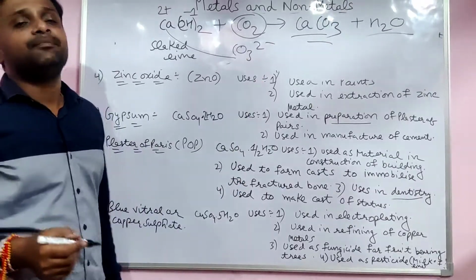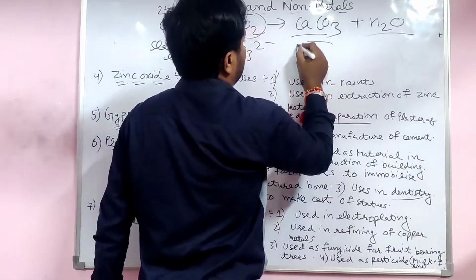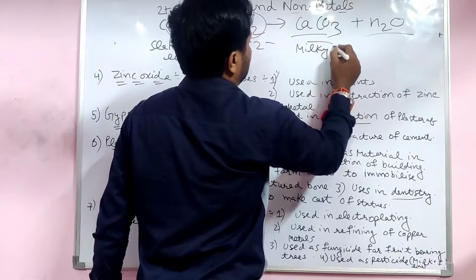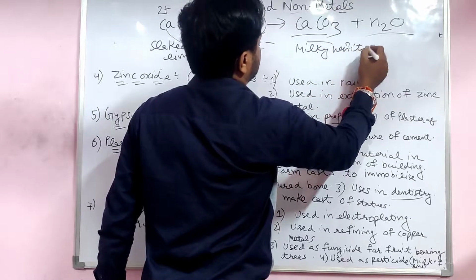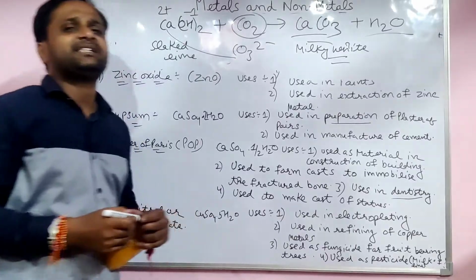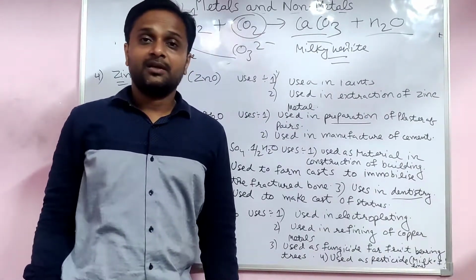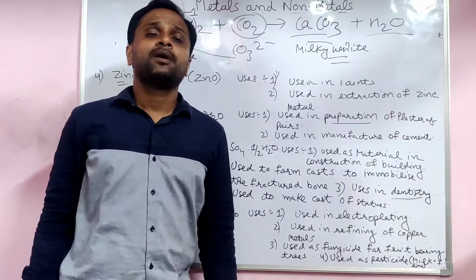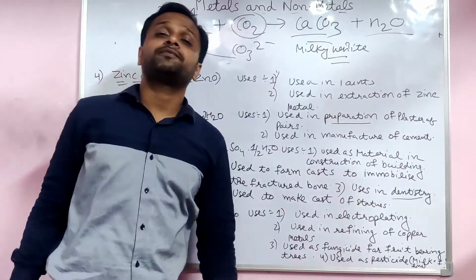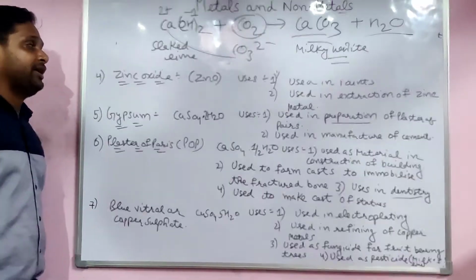It forms limestone, milky white in color. Carbon dioxide turns the lime water milky. This is the preparation reaction of calcium carbonate.